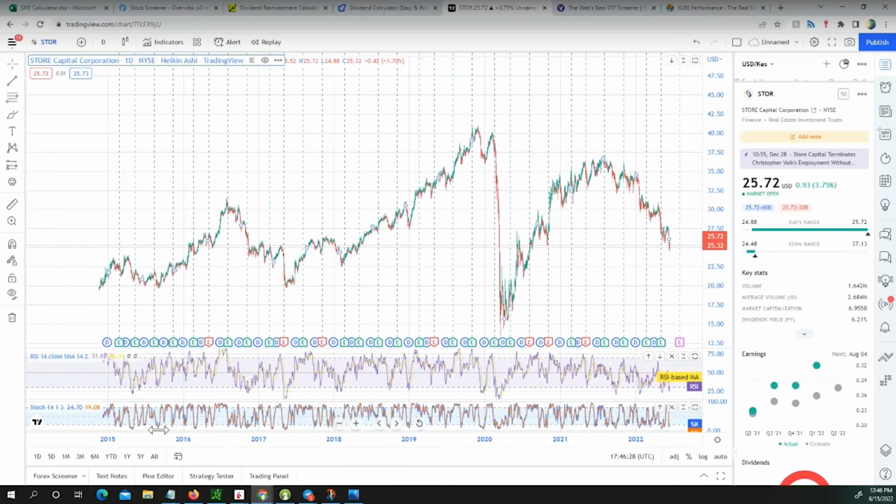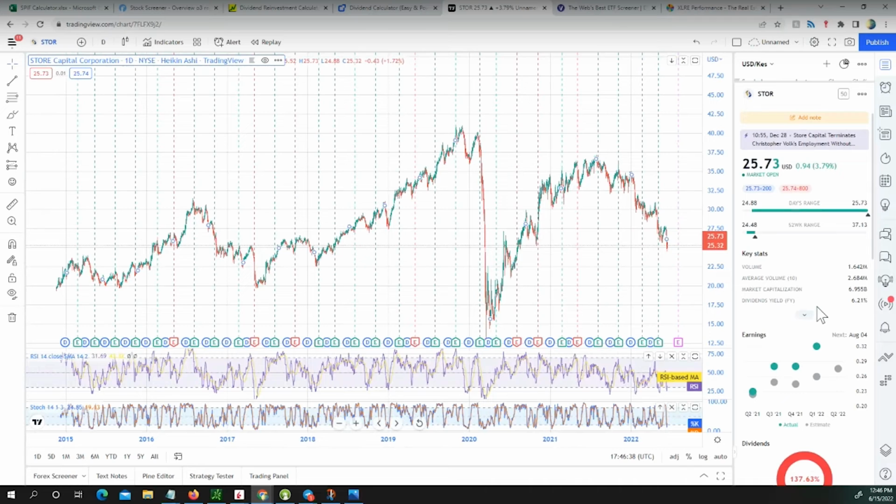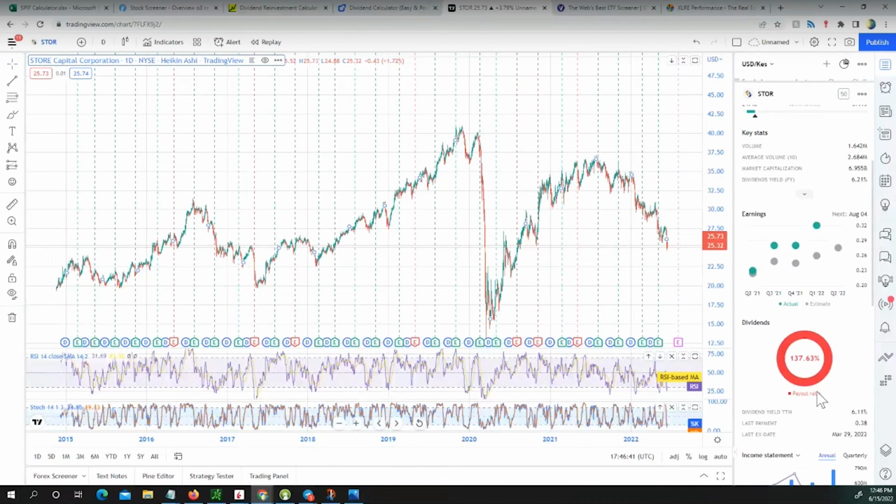What does the dividend look like? They're doing 6% in dividends, as you can see right here. They're paying more than 100% in dividends.